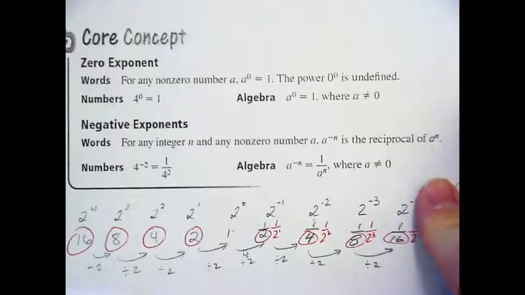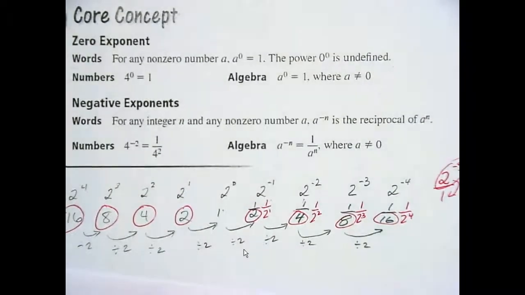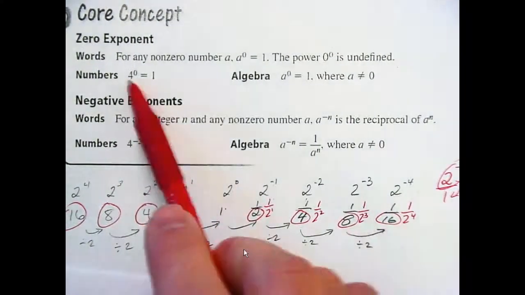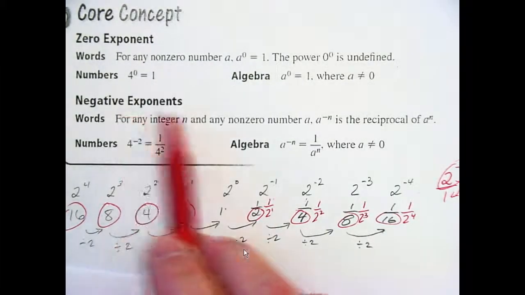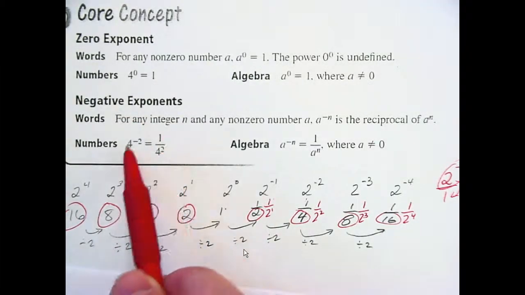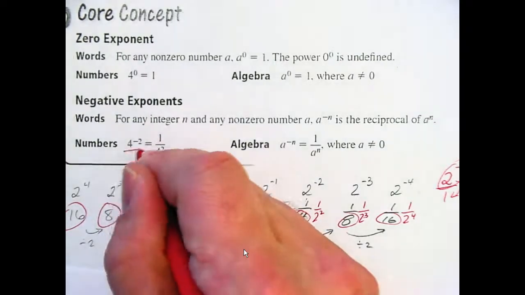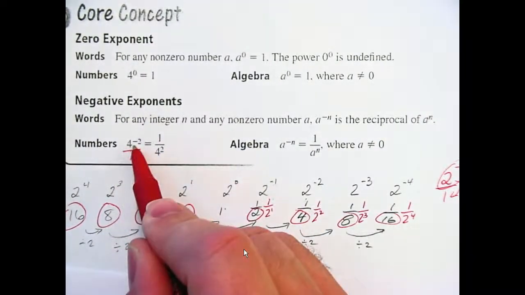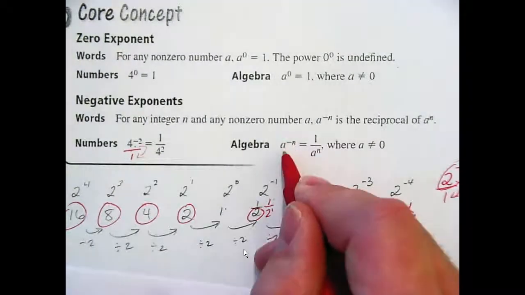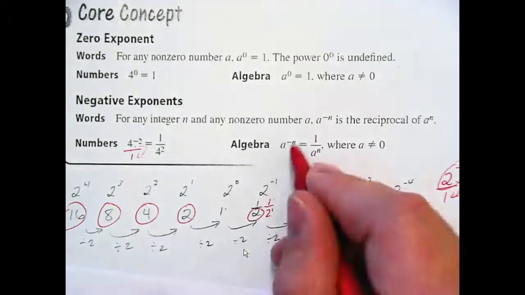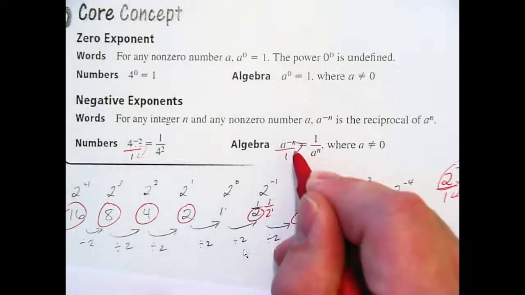All right, so some of the core concepts, and these are in your student journal, but anything raised to the 0 power is 1. Doesn't matter what the number is. Any negative exponents, you change the side of the fraction it's on. So if you have 4 to the negative second, it goes to the bottom, becomes 4 squared on the bottom. If you have a to the negative n, you move it to the bottom.